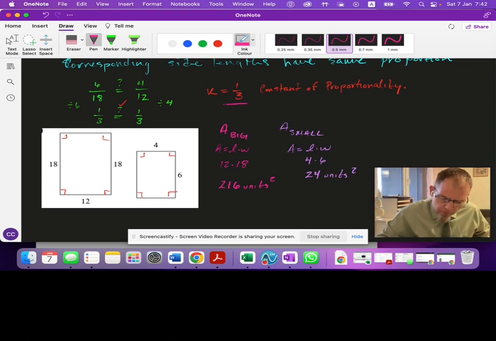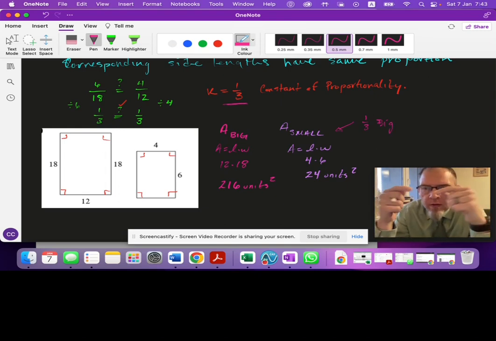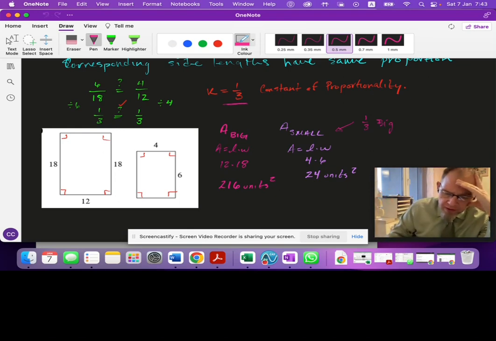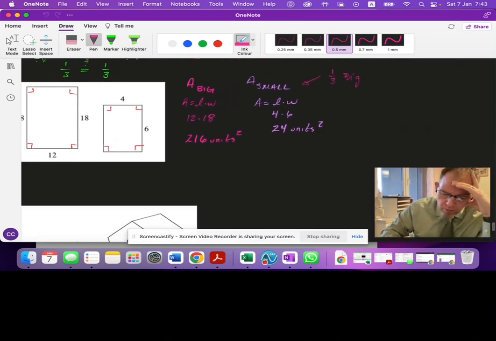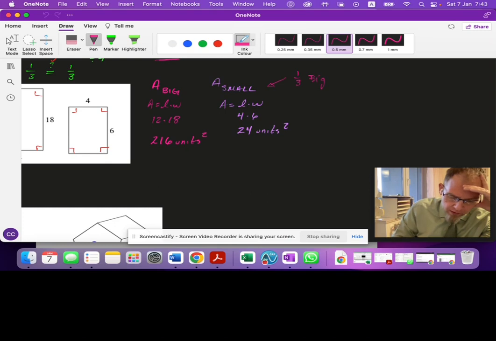This smaller rectangle, all of its proportions are 1/3 of the big one, okay? The length is 1/3, and the width is 1/3. So in effect, I could rewrite this in terms of the big one.